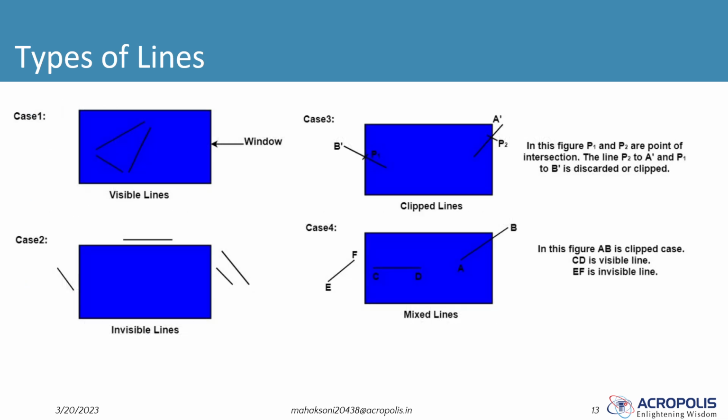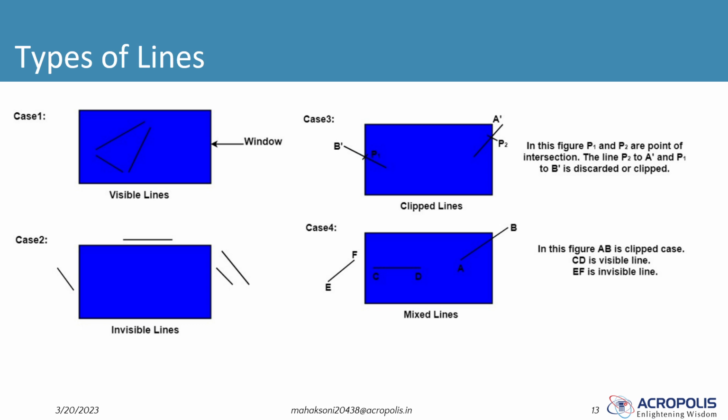So here it is shown. Case 1, visible lines: all the lines are inside the window, that is visible. This shows the visible part. In case 2, all the lines are outside the window, meaning they are invisible.